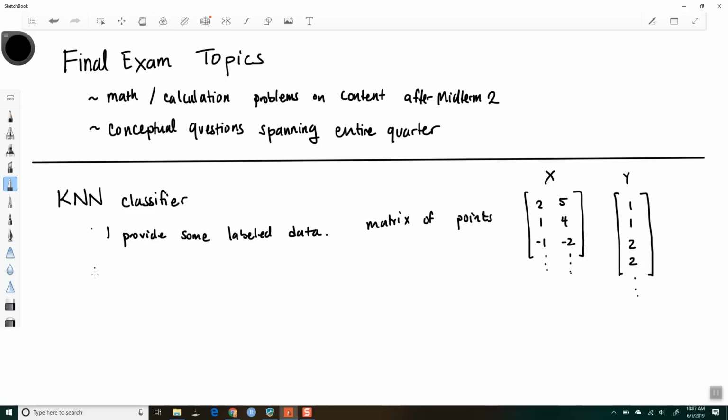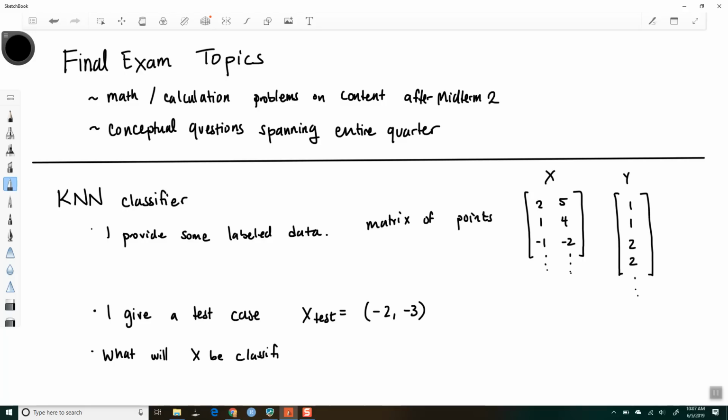Okay, and then I give a test case. Say X test is equal to, I don't know, -2, -3, or something, and then I will ask what X will be classified as for K equal to 1, K equal to 3, K equal to 5, etc. Okay?